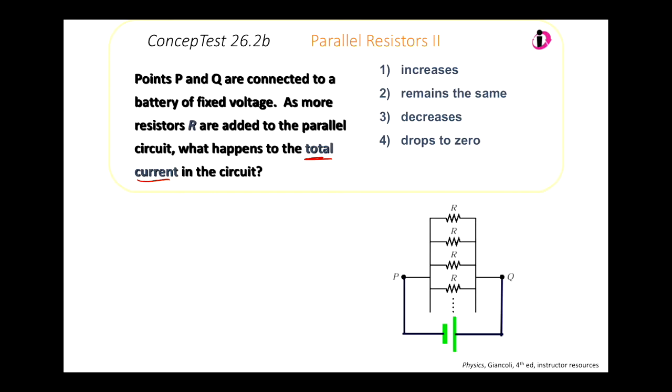Why? What's happening to the overall resistance? It's going down, right? So we could say that REQ is decreasing. More in parallel decreases the resistance because we're opening up more lanes, which means that the current in the circuit will increase because there's less opposition.